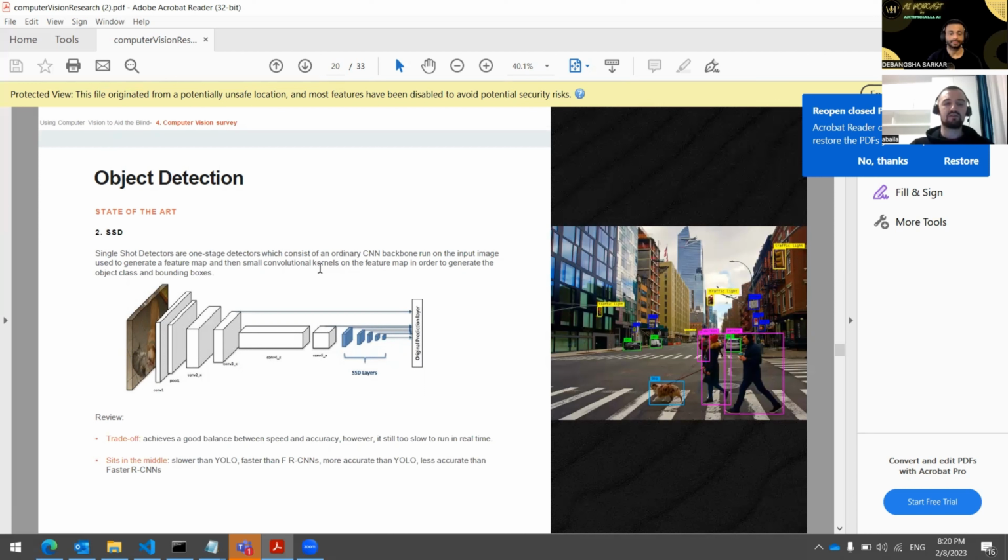Now, there's a trade-off here because the SSDs in general achieve a good balance between speed and accuracy, but it is still too slow to run in real time. So what I mean by that is, if you're trying to make glasses for blind people, you need to keep the information really up to date, right? Because the person moves really fast.